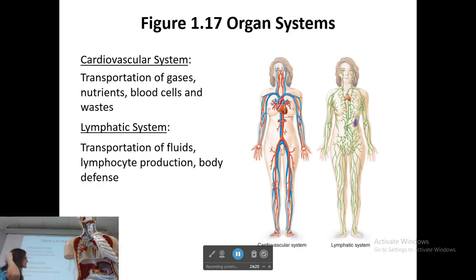The thymus is also part of the lymphatic system. Okay, and then you have lymph nodes and lymph vessels. Sometimes when you get a sore throat, you might get a swollen node right here in your neck. Have you ever had that? Like a swollen thing? Sometimes under your arm, you might get a swollen one.